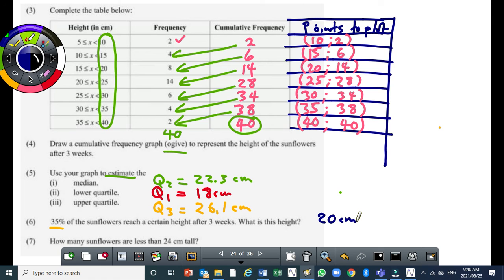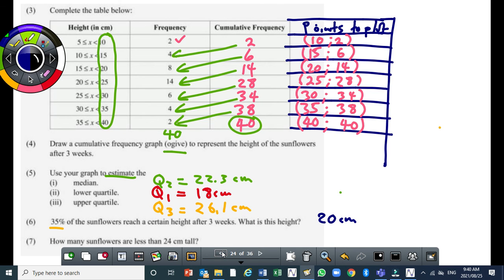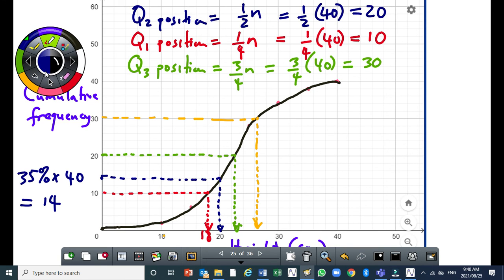Then number 7: how many sunflowers are less than 24 centimeters? You can approximate the ones that are 24 from the table, but if you want to get the correct answer, you go to the ogive. So let's go to the ogive. Now we want those that are less than 24 centimeters. Let me use a color that I didn't use here.